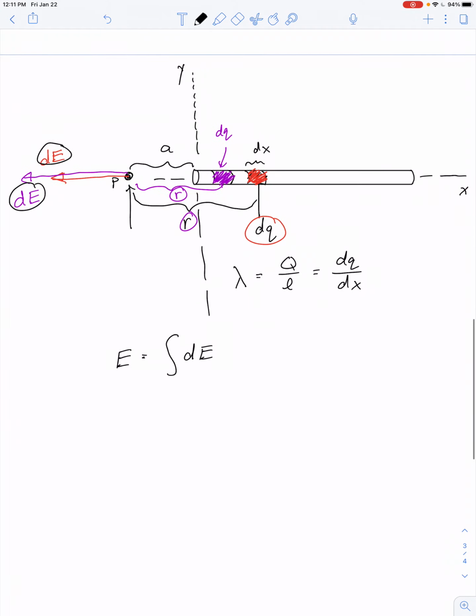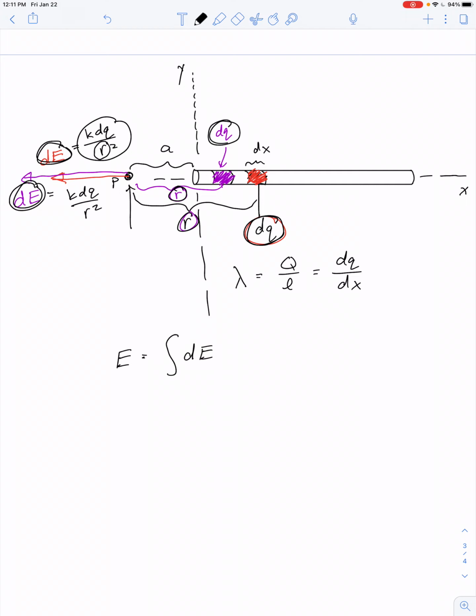So that's the idea. And in fact, either one of these values dE is just going to be k times dq, whether it's this dq or this dq, that's the same value, divided by, whether it's this r or this r, r squared. So all of the dE's are going to be satisfied by the same expression, but just note that every one of them has a unique value of r.